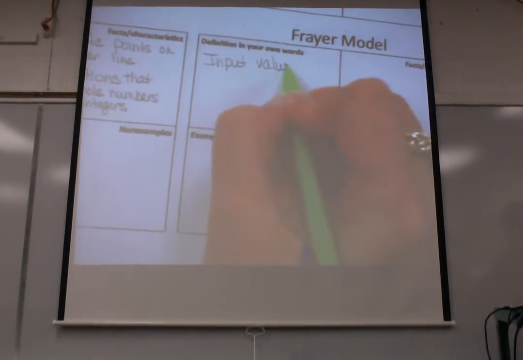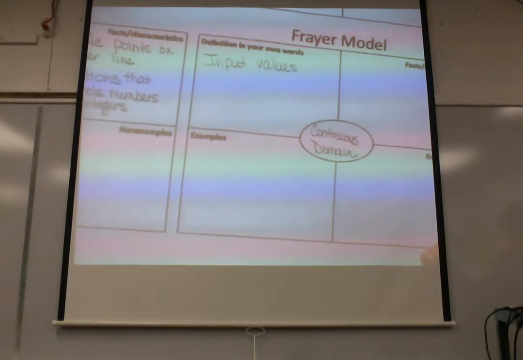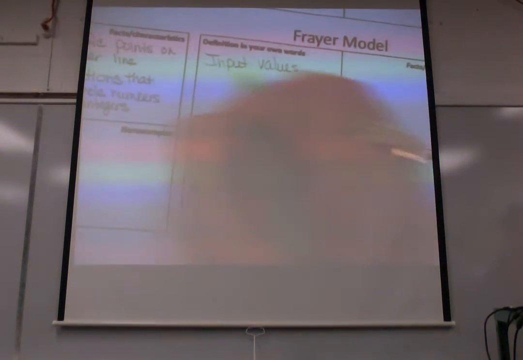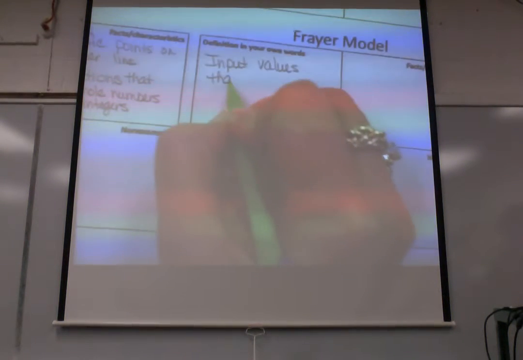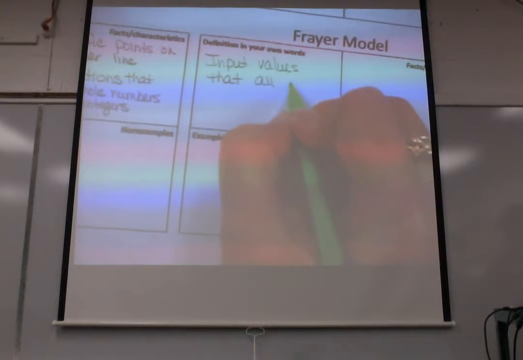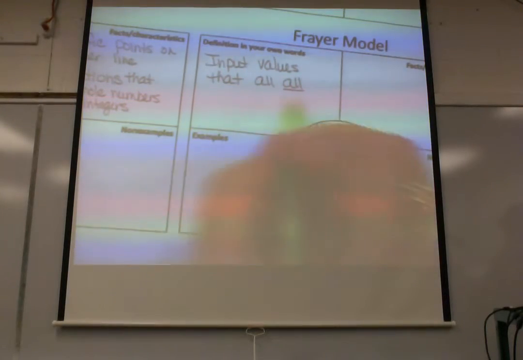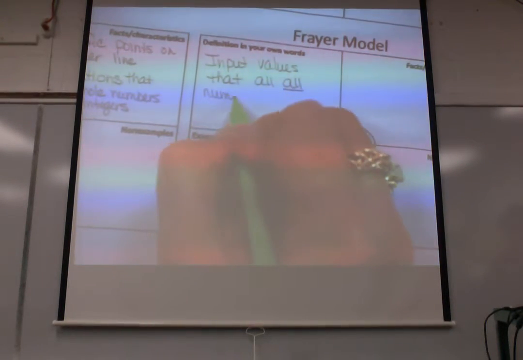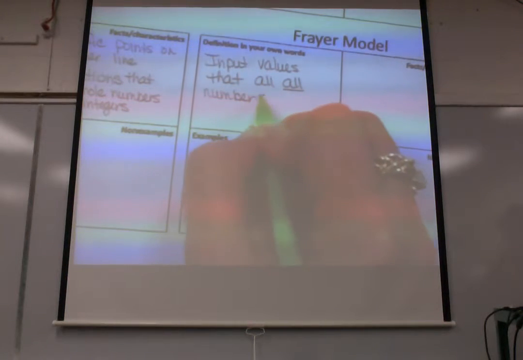Set of input values that contains all numbers and intervals. Okay, so it's input values that are between certain numbers. I like the word all. Input values that are all numbers.